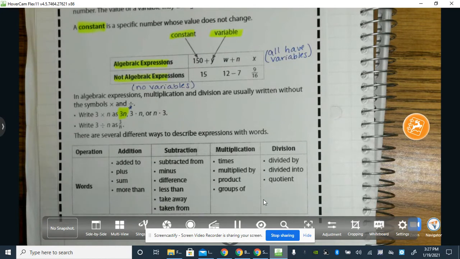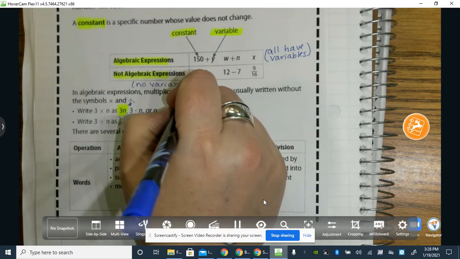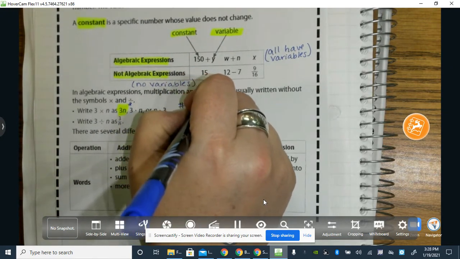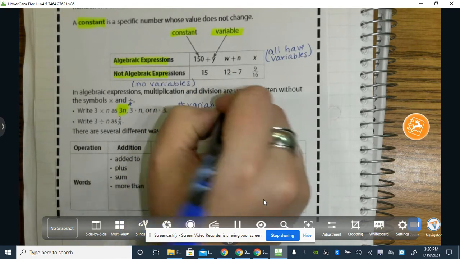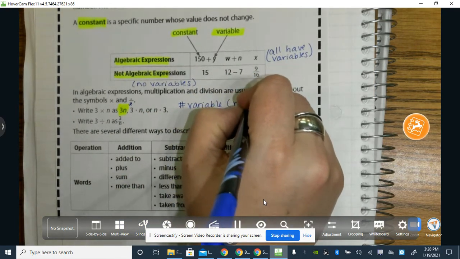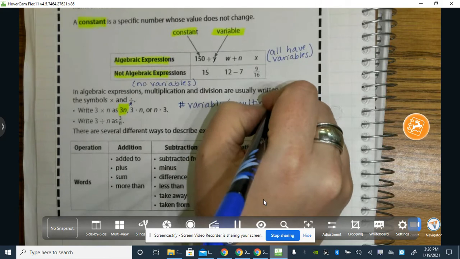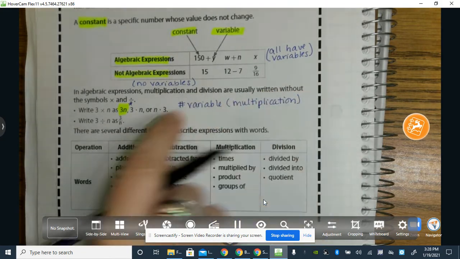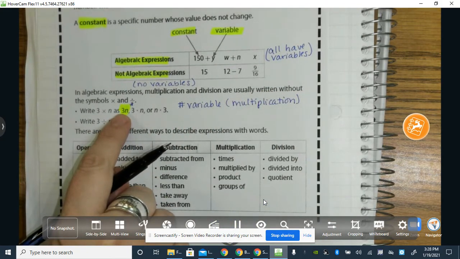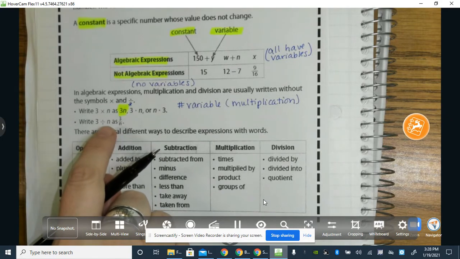Remember that that means multiplication. It will always be your number followed by your variable, and this represents multiplication. Okay, all the time. You're going to see this probably 90% of the time. So get in the habit of seeing it.